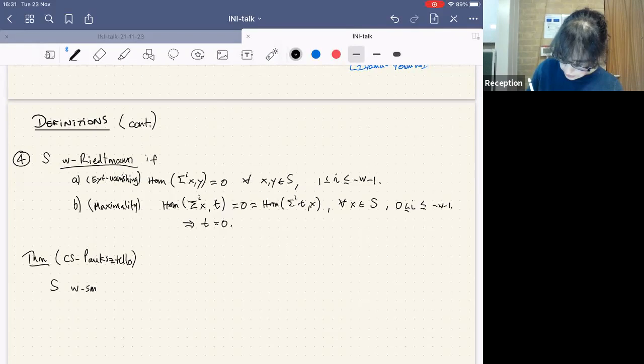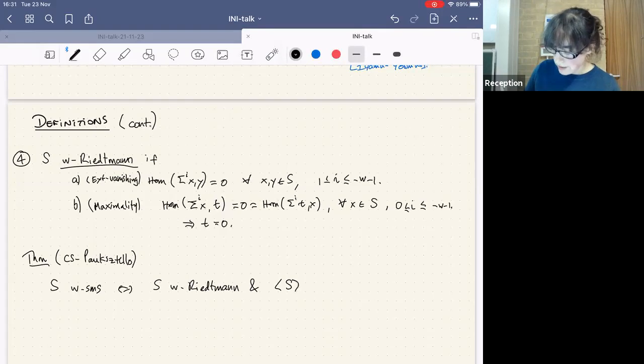S is a W-simple-minded system if and only if S is W-Riemann, and the extension closure is functorially finite in the ambient category.